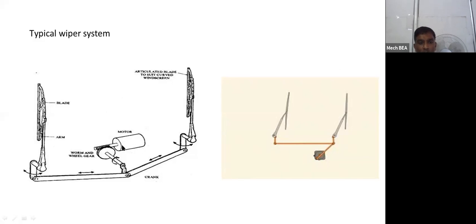This is the motor. This one is the worm and wheel gear. This part is called the worm, and this is the wheel gear. Commonly it is used to operate the wipers. So the type of gears used are worm and worm wheel for operating the wiper system.